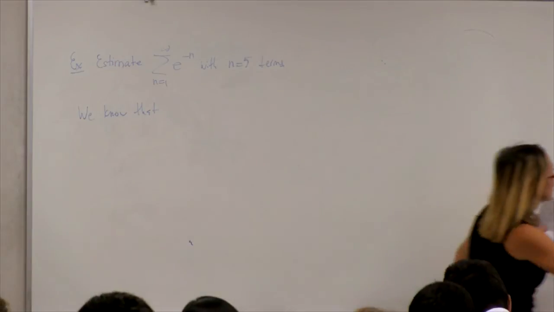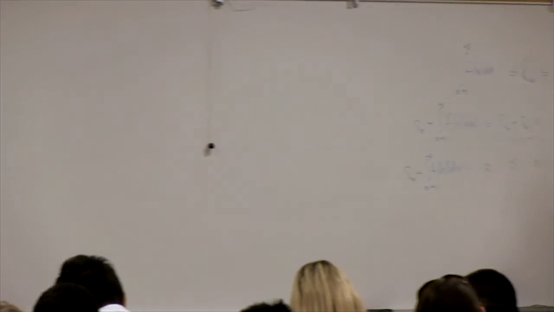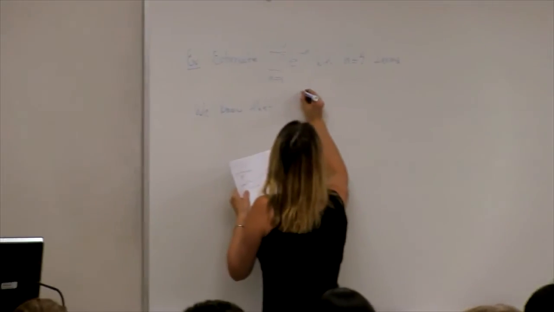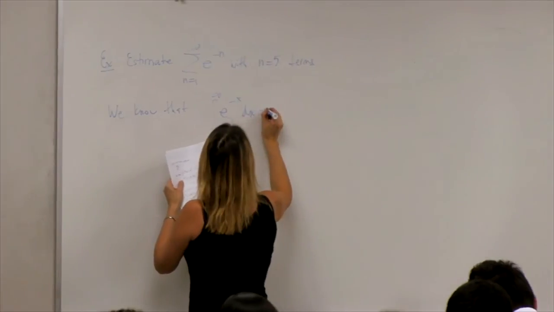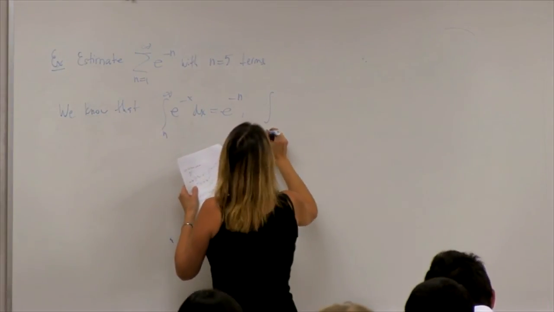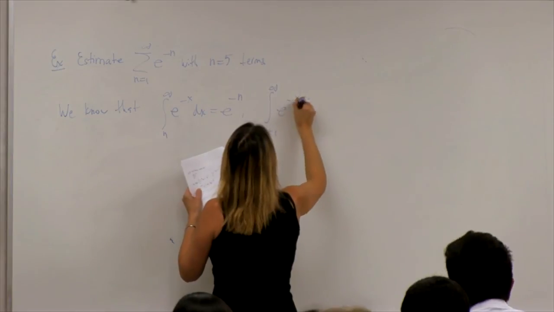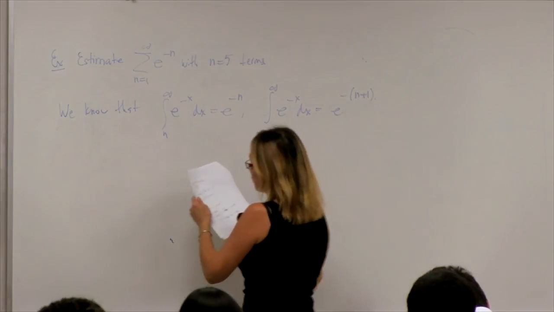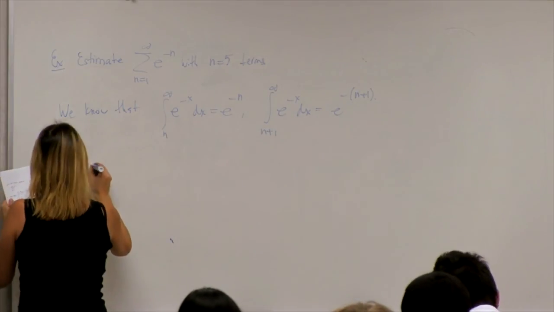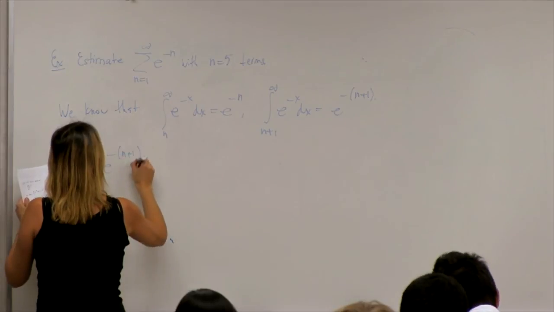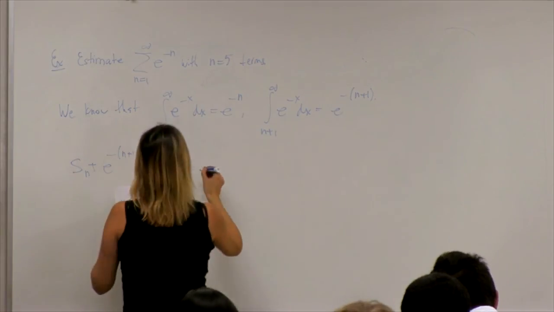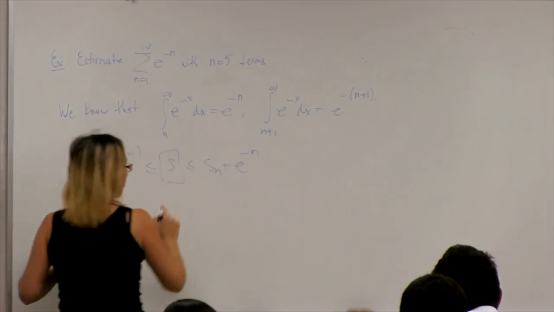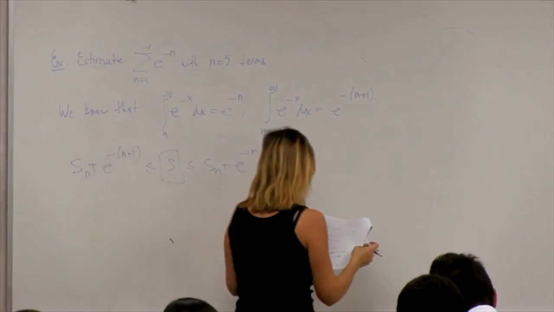So I'm going to have to calculate the left-hand side and the right-hand side of this inequality, okay? So I need the integral from n to infinity of e to the minus x dx. That's e to the minus n. And the integral from n plus 1 to infinity of e to the minus x dx. That's e to the minus n plus 1, right? So writing down that formula, Sn plus e to the minus n plus 1 is the lower bound, and Sn plus e to the minus n is the upper bound for my actual infinite summation.